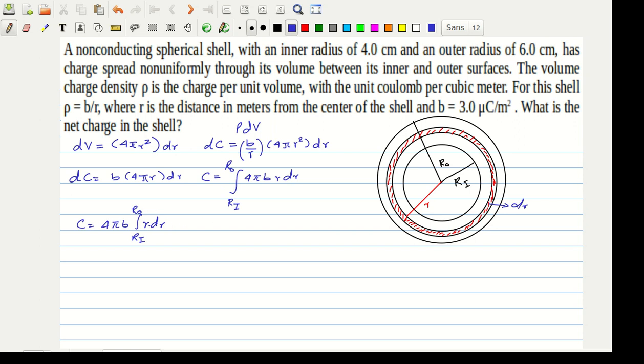Now this is a very, very simple integration. What is the integral of r dr? It is going to be r square over 2.